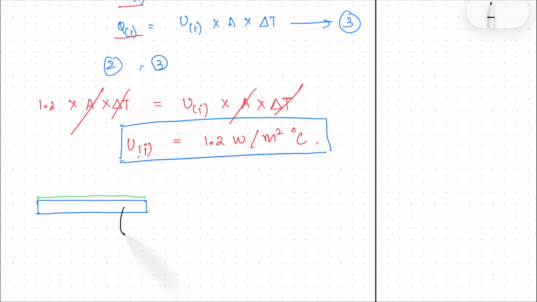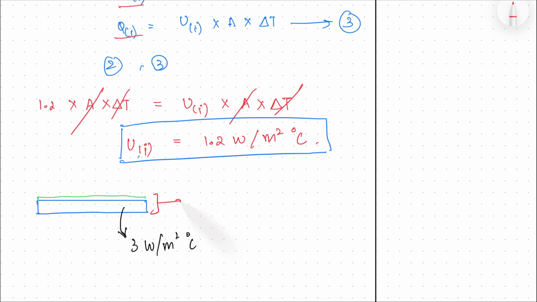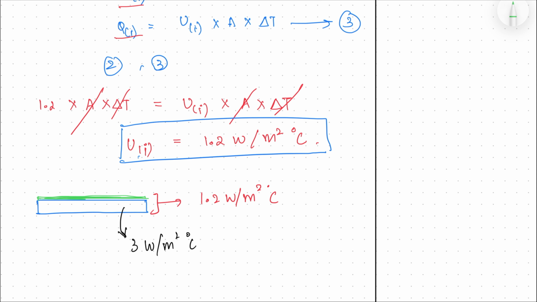Now we know the roof U value is 3 watt per square meter degree Celsius, and this entire layer's U value is 1.2 watt per meter square degree Celsius. But they have asked us to find the U value of the thermal insulation layer alone.